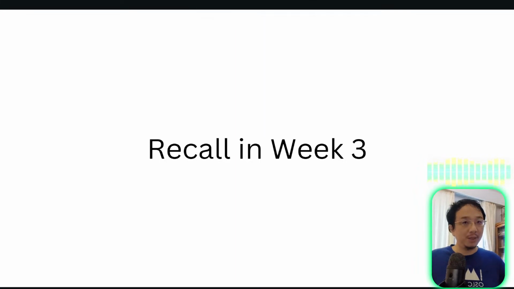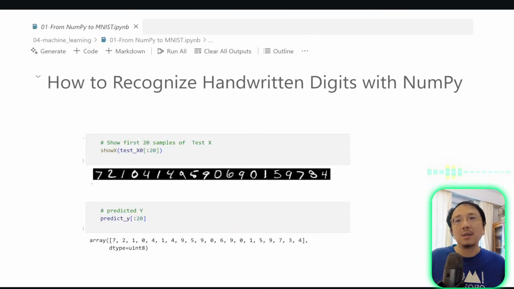So in week 3, we covered notebook 01, the number one notebook in the machine learning folder, as an example of using NumPy. The task in that notebook is to do classification for the MNIST dataset.